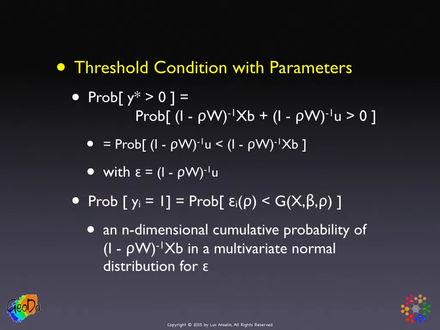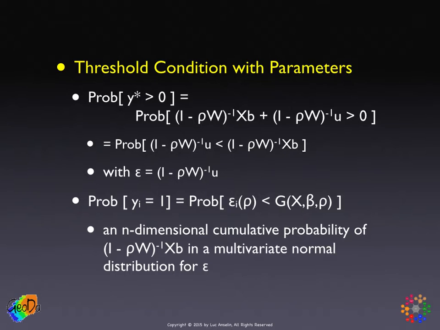We proceed the same way as before. We are interested in the probability that the latent dependent variable crosses the threshold, which is the probability that the reduced form is larger than 0.